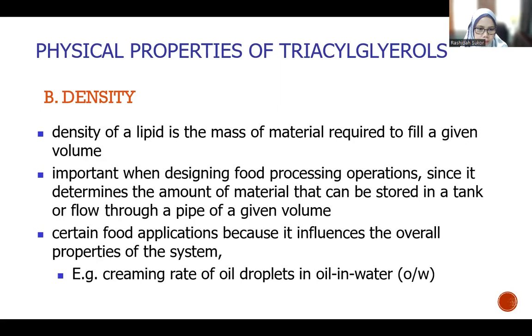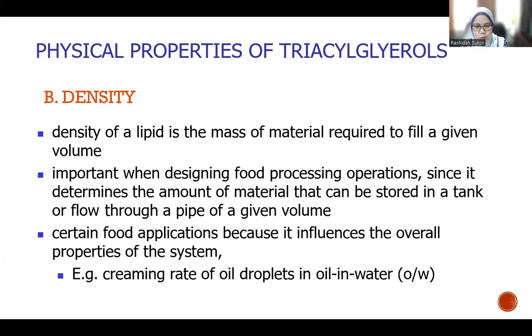In a certain food application, it influences the overall properties of the system. For example, the creaming rate of oil droplets in oil in water. If you have fat, like yogurt or mayonnaise, what system do we call that? Emulsion. An emulsion is a mixture of oil and water.